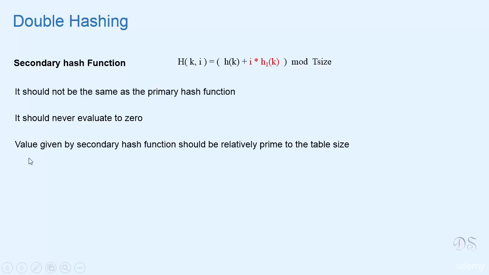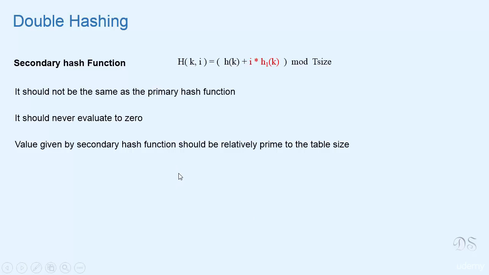Now the value given by the secondary hash function should be relatively prime to the table size. That is, their greatest common divisor should be 1. If this is so, we'll be able to probe the entire table. The probe sequences will visit all of the table locations.